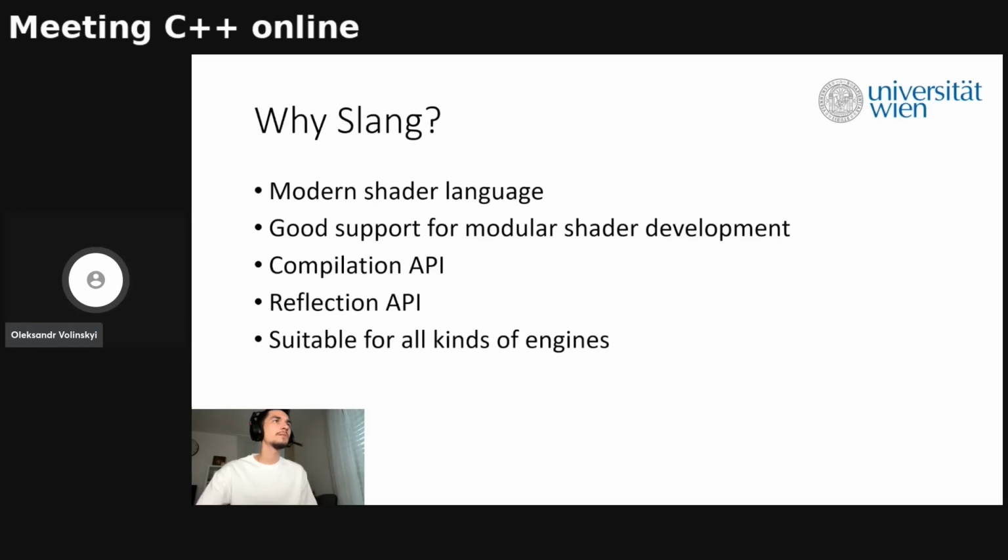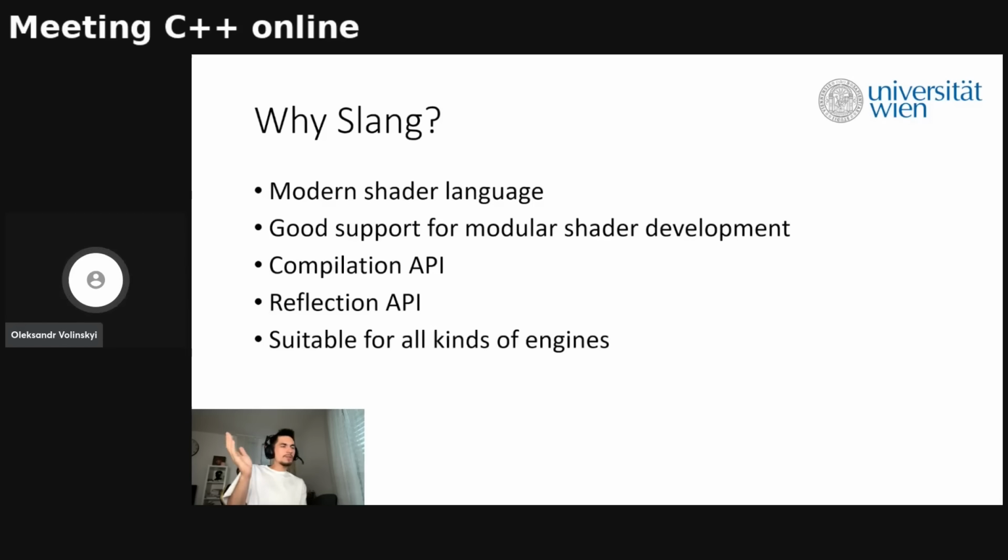A little bit more about Slang. Why did I choose Slang? I chose Slang because it's not only a shader language, but it also provides useful APIs. It has a compilation API and a reflection API, and both of these APIs work absolutely great. The compilation API compiles shaders to any types you need.